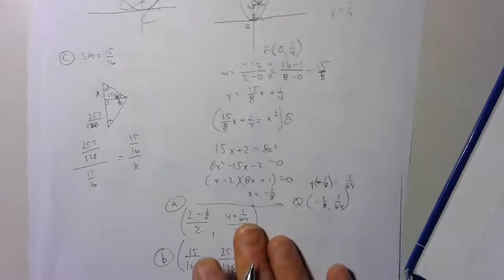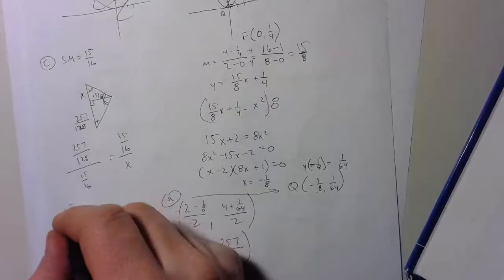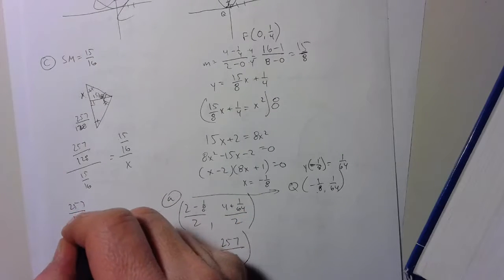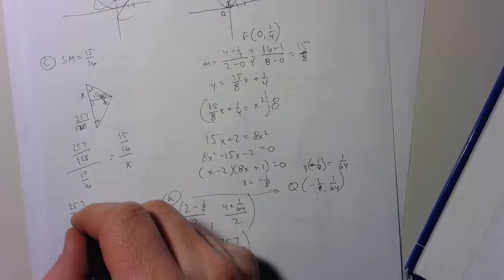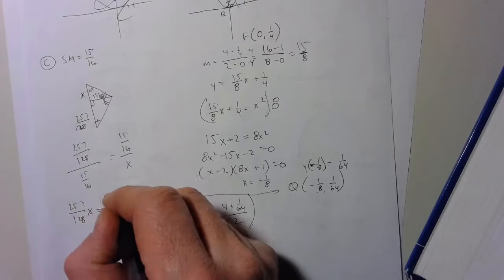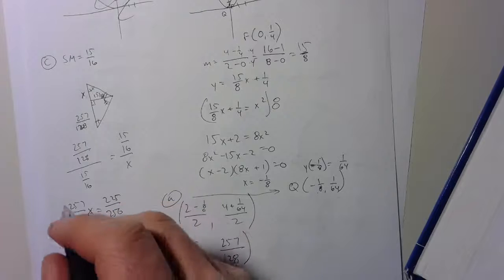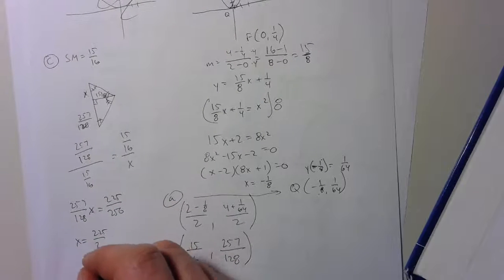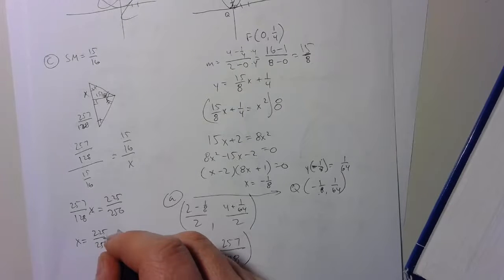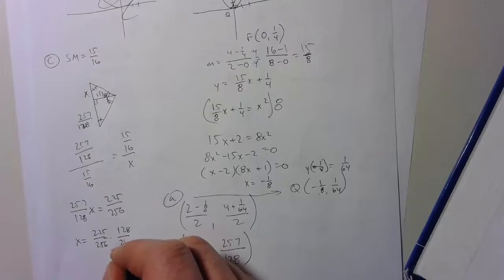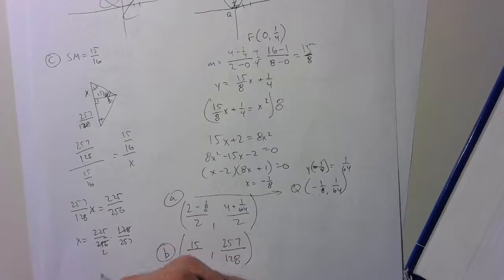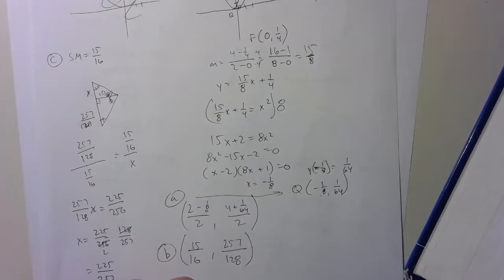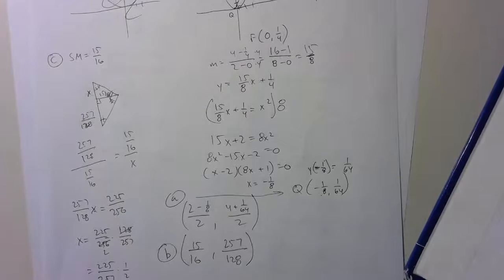When I do that, I get 257 over 128 x equals 225 over 256, times the reciprocal. Hey, those cancel nicely, so we get 225 over 257 times 2, or times 1/2.